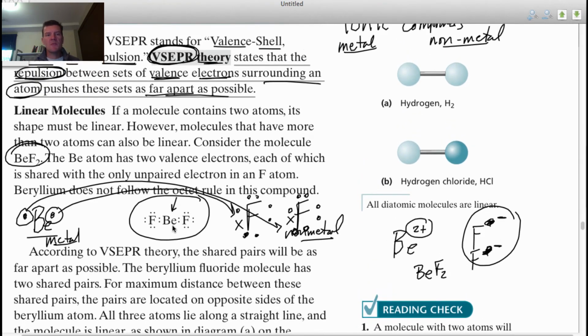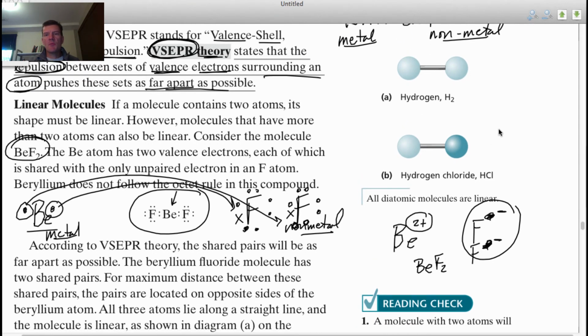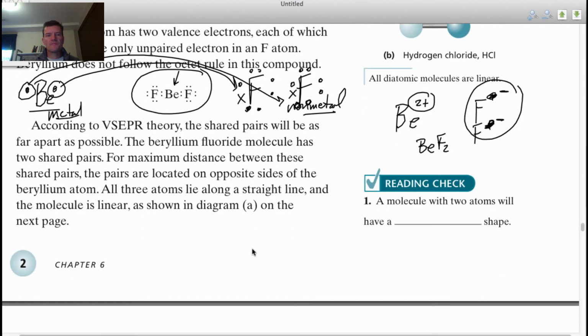Here's how they look in a structure though, when we draw the Lewis dot diagram of it. We put beryllium in the center, and the 2 fluoride ions, or fluorine atoms, on either end, and they're sharing pairs in between the atoms, like that.